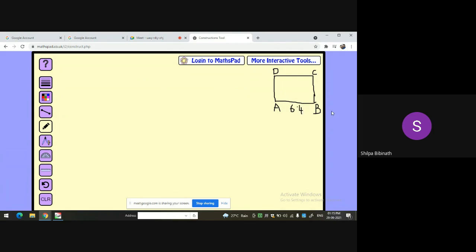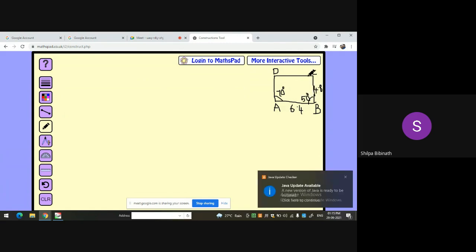Then BC is given as 4.8. Then measure angle A is given. So this angle is given as 70 degree, and measure angle B is given as 50 degree, and C is given as 140 degree.